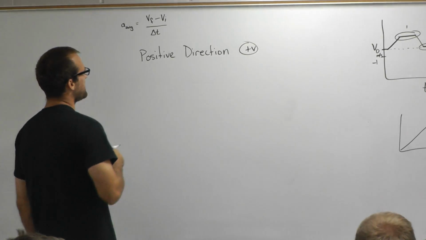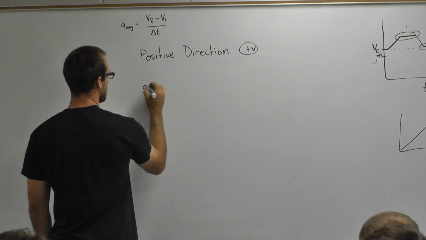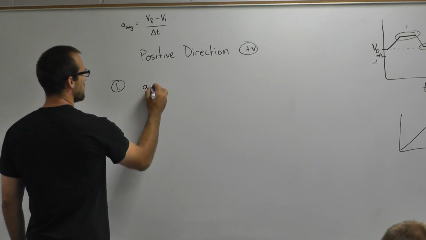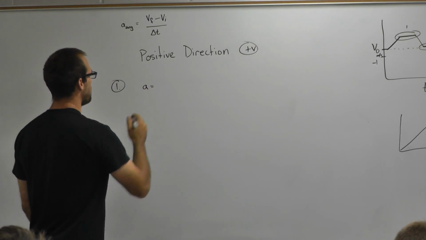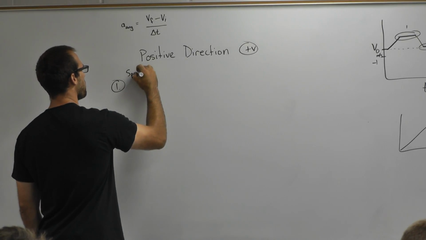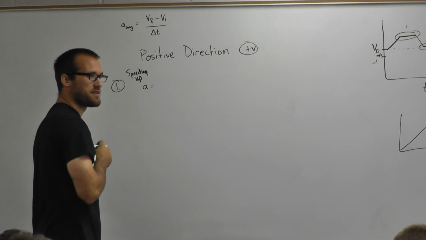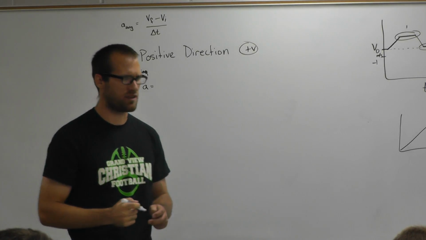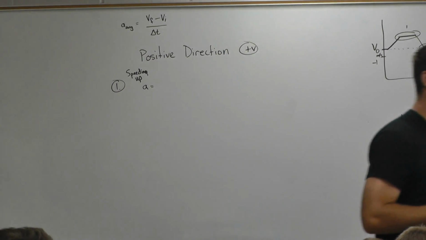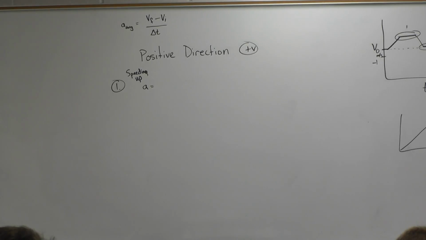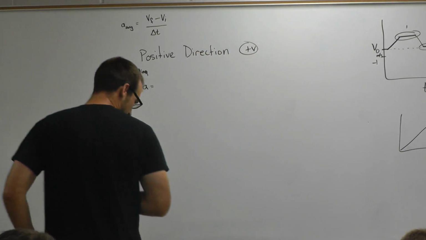Let's say situation 1: I am speeding up, but I'm going in the positive direction. If you're speeding up, is your final velocity going to be bigger or your initial velocity? Your final, correct? So I'm just going to use some numbers here.